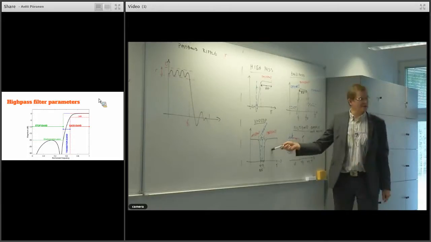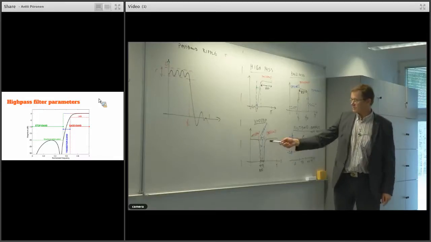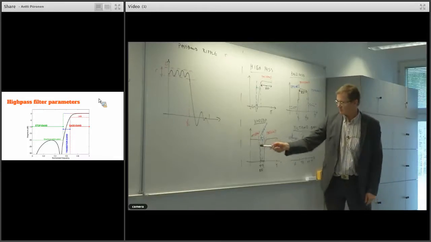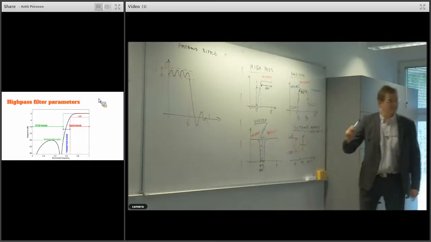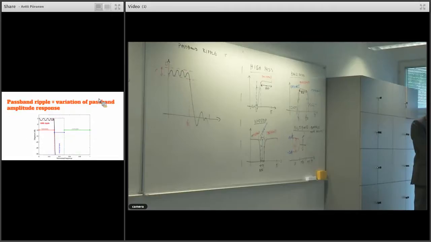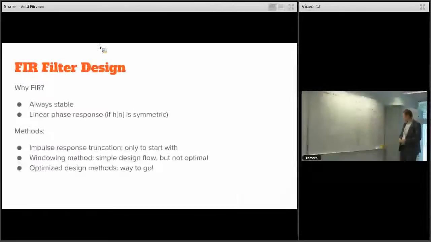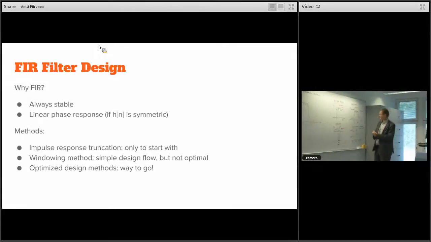Actually, this one also has 3 bandwidths: stop band bandwidth, higher pass band bandwidth, and lower pass band bandwidth. Okay, good. Any questions thus far? So this is the terminology. Then I take a couple of pictures and continue.